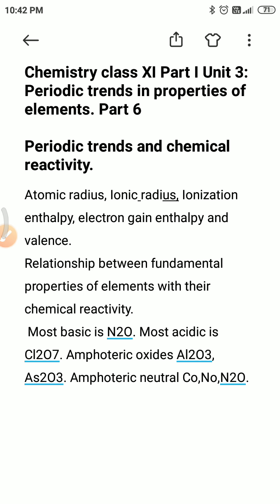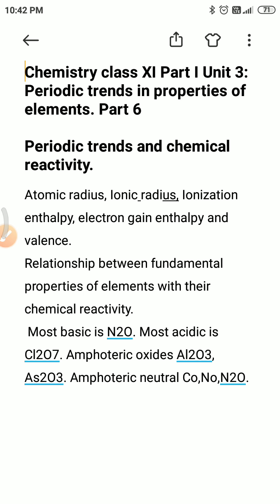In a group, atomic and ionic radii increase with increase in atomic number. This generally results in a gradual decrease in ionization enthalpies and a regular decrease in electron gain enthalpies in the case of main group elements.